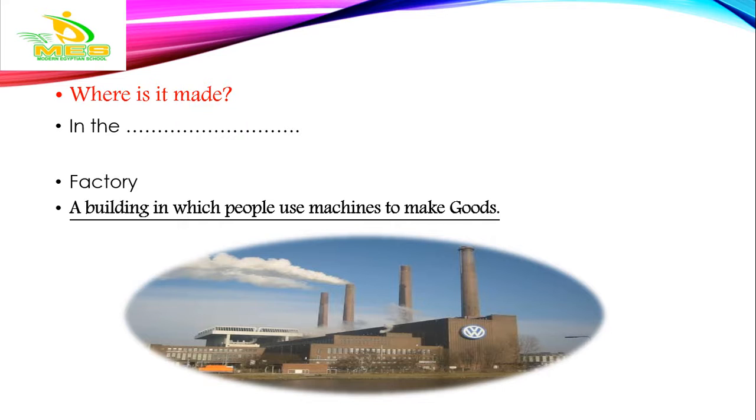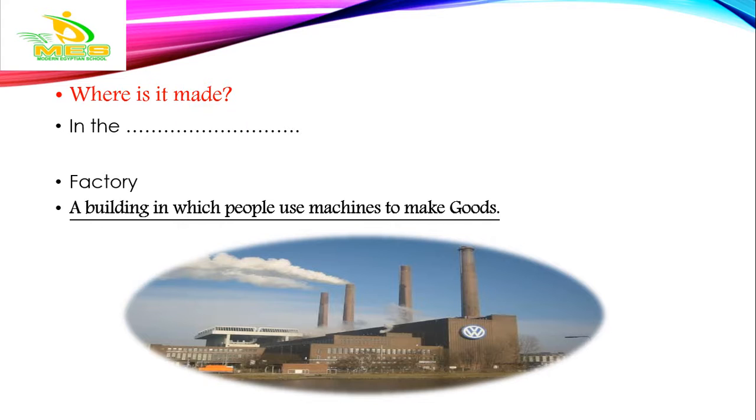Okay? So then, where is it made? It's made in the factory. What is the factory? The factory is a building in which people use machines to make goods. Okay. Inside this factory, you are going to meet two kinds of resources.